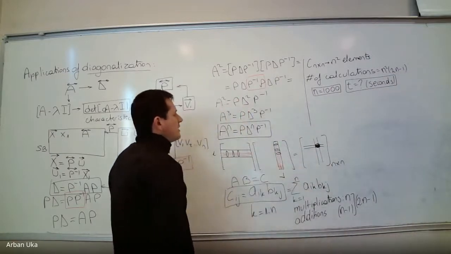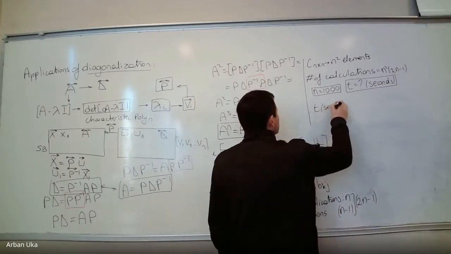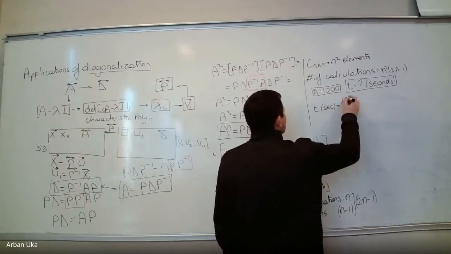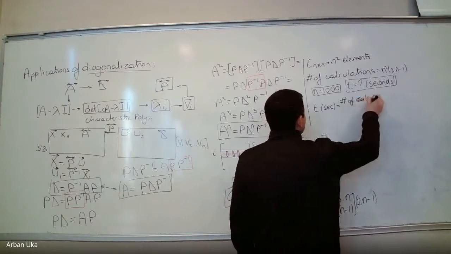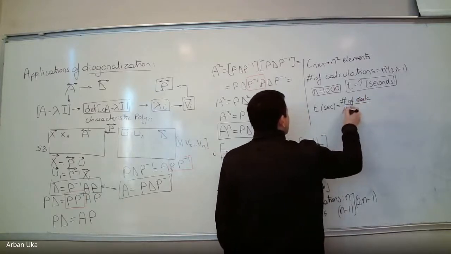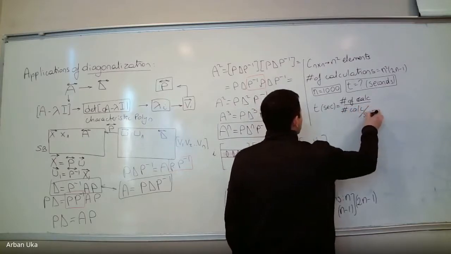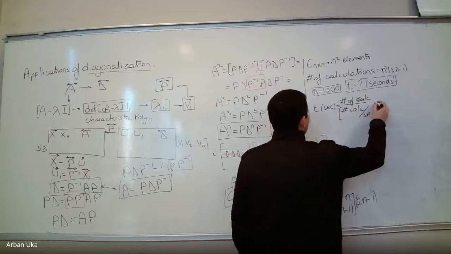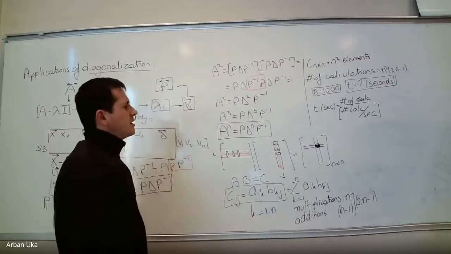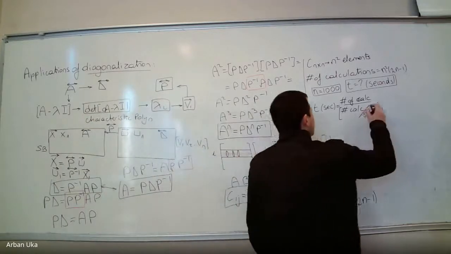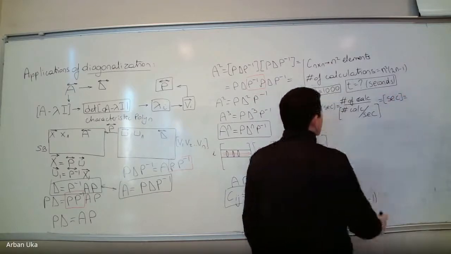To do this, the time, which is measured in seconds, is equal to the number of calculations divided by the number of calculations per second. If we check the units, the calculations cancel out, and we get seconds, which is the correct expression.